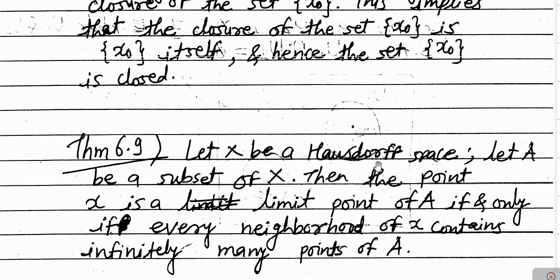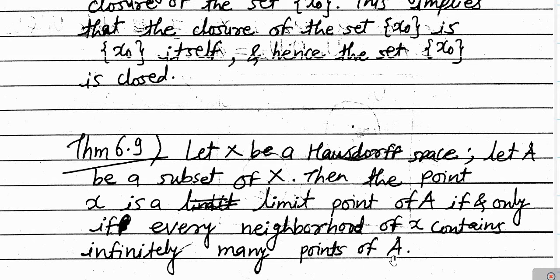Let X be a Hausdorff space and let A be a subset of the Hausdorff space X. Then the point x is a limit point of set A if and only if every neighborhood of x contains infinitely many points of A. I will repeat: let X be a Hausdorff space and let A be a subset of X. Then the point x will be a limit point of the set A if and only if every neighborhood of x contains infinitely many points of the set A.